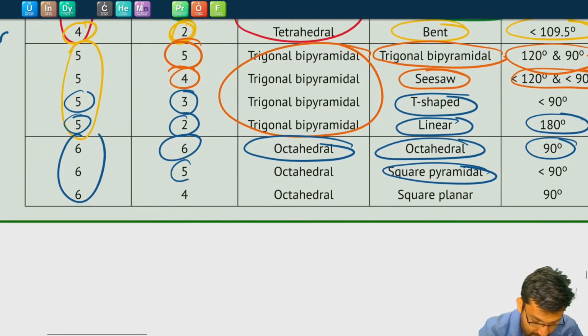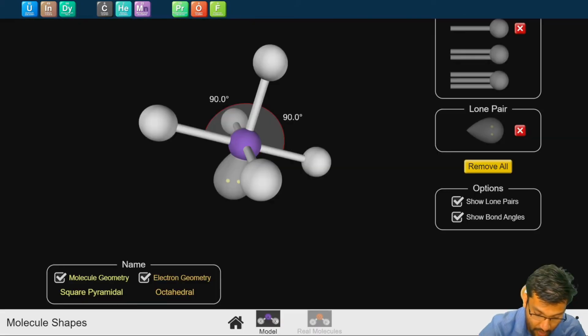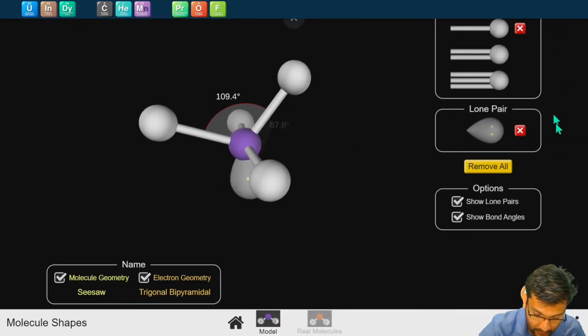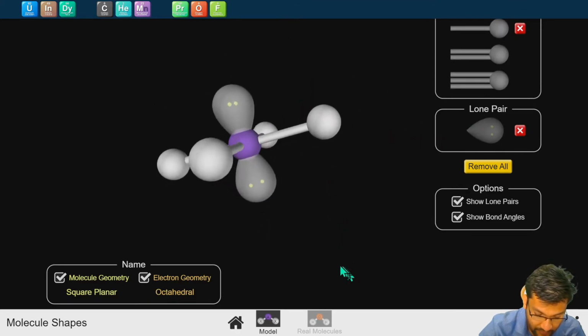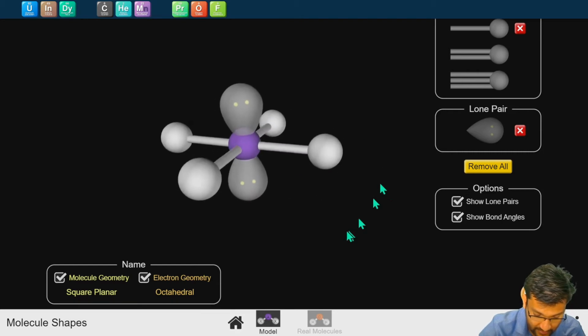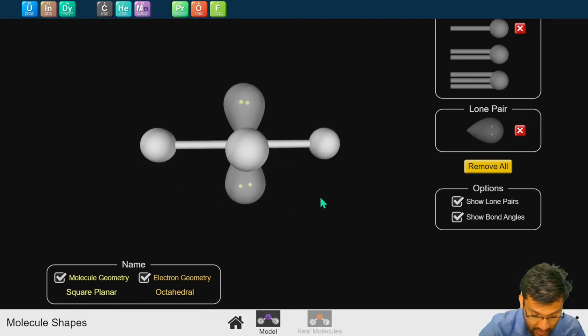And then finally, if we had 4 bonds only with the 6 electron groups, again, the whole electron geometry is still octahedral, but let's remove one and add a little electron pair there. We have this flat structure. Again, the bulbs that are sticking up and down here are just electrons, so they don't actually form part of the geometry.